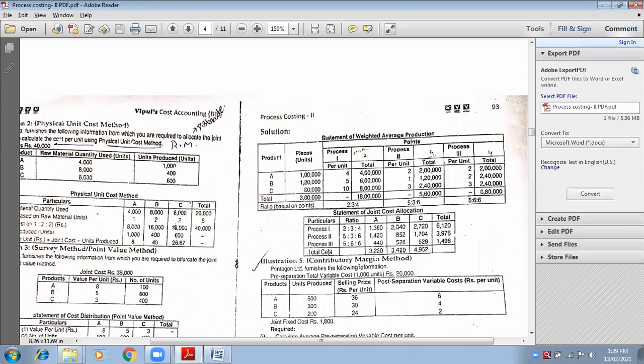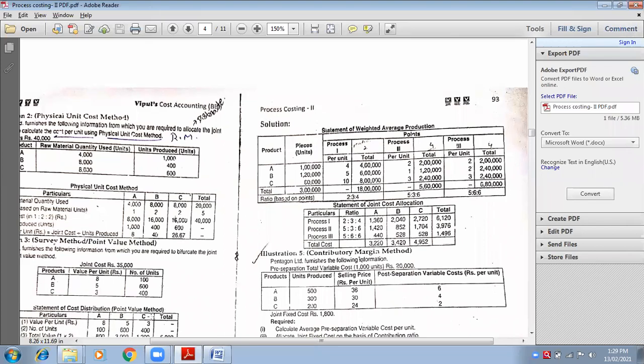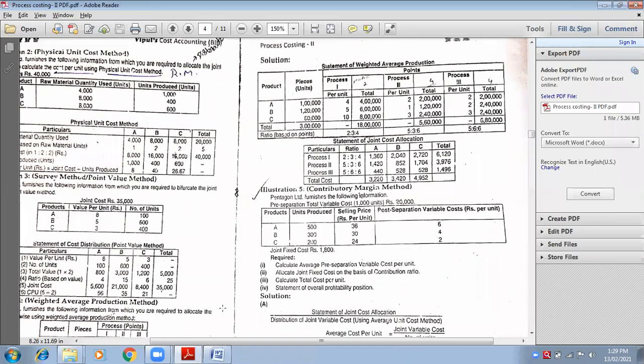Now, based on these ratios, we will divide our joint cost. First ratio is 2 is to 3 is to 4. Second ratio 5 is to 3 is to 6. And process 3, 5 is to 6 is to 6. Next, we make one more table, known as the statement of joint cost allocation, or calculation of allocation of joint cost.